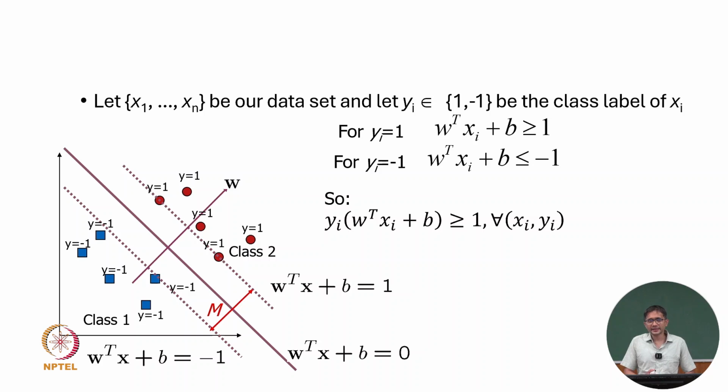So these are the two things that we have found till now. We have found a particular value for this margin m, and we said that maybe we would like to maximize this, and we have now found another constraint in terms of yi wtxi plus b. Now let's combine them together.